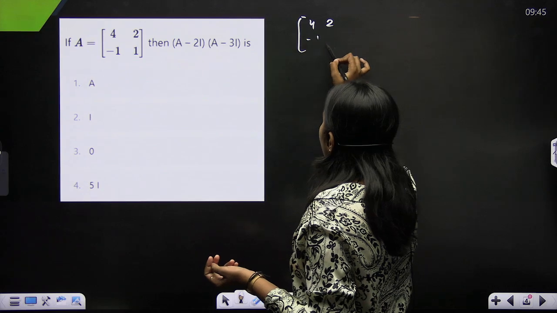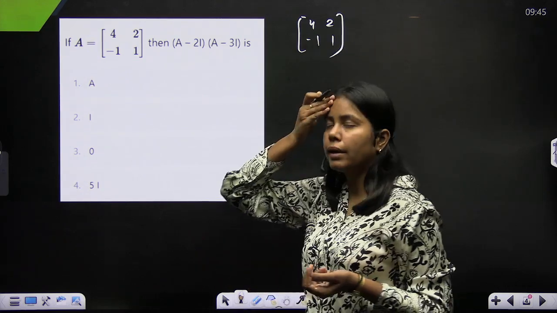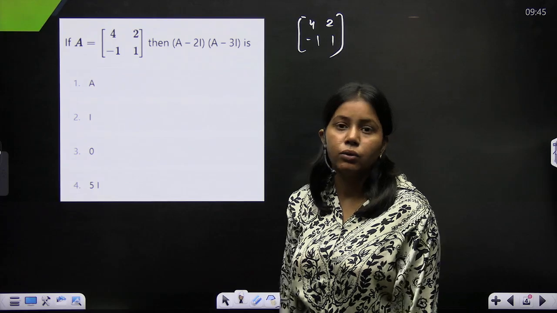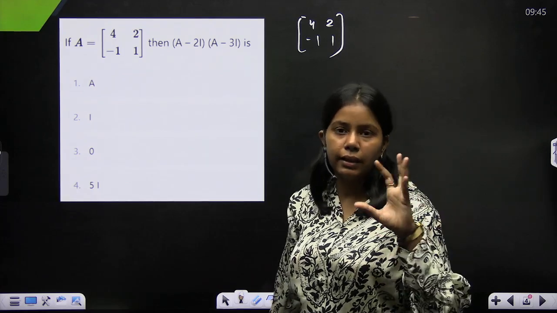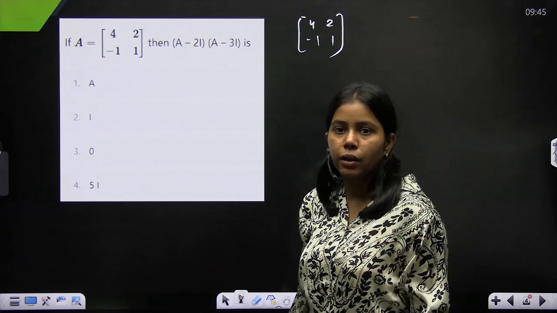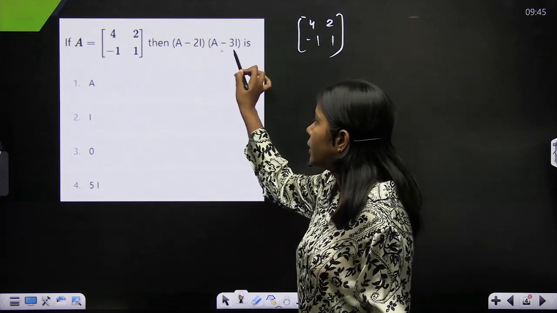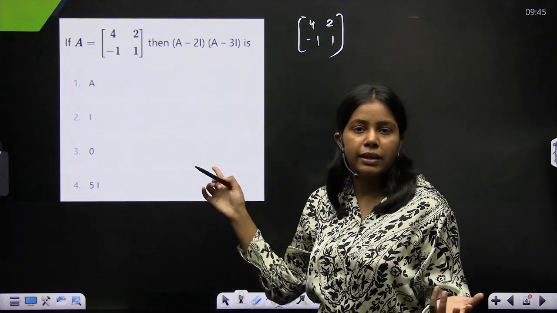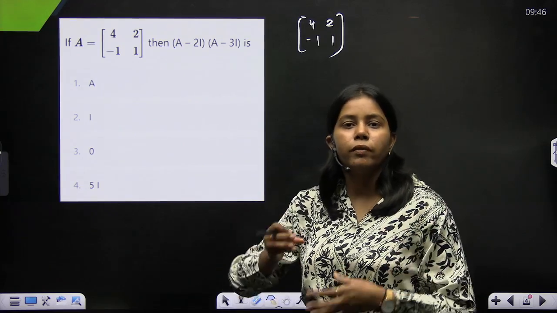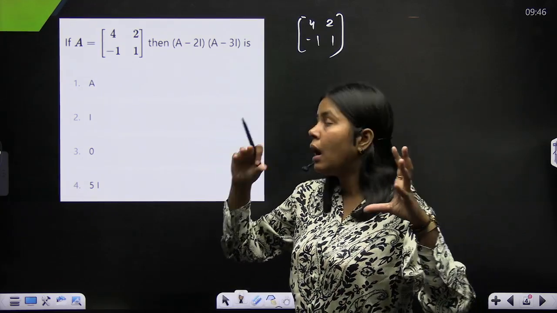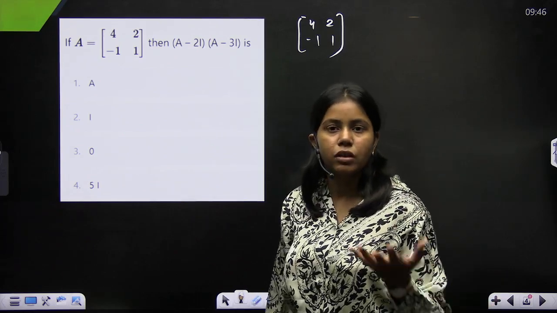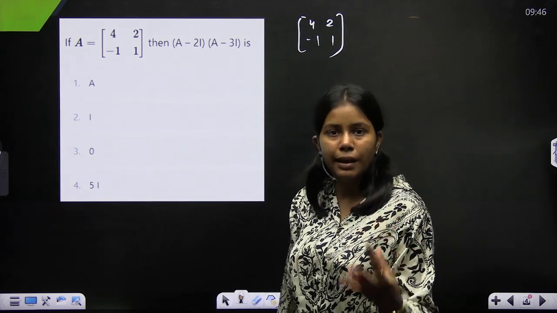I need to find out the characteristic equation, but I am trying to directly make the characteristic equation, not using the longer method, determinant of A minus lambda I equals 0. I am trying to directly find the characteristic equation because these matrices are given in factor form, so instead of solving in polynomial form, I am directly getting the factor form of my characteristic equation because then it would be less lengthy.